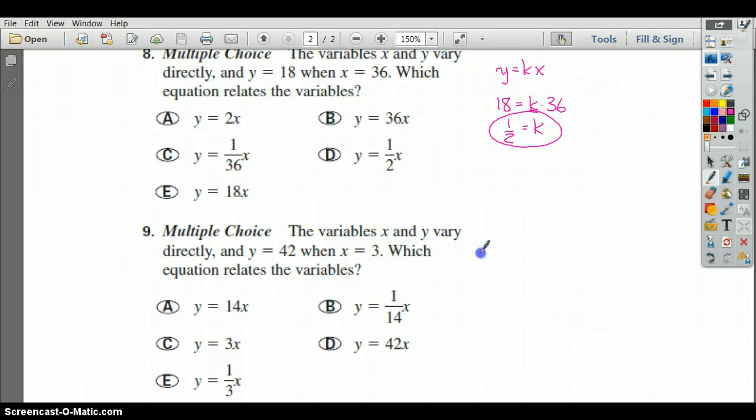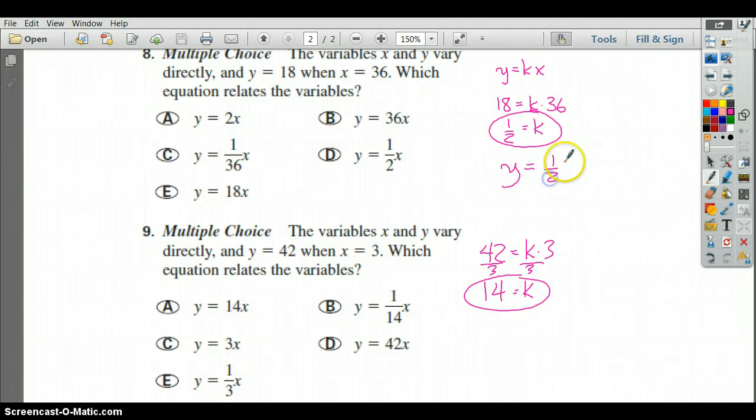Jumping down here, we'll have 42 equals k times 3. So k is going to be equal to, not 7, 14. So I divide this by 3. So, as far as my equations go, this would be a half x, and this one will be 14x.